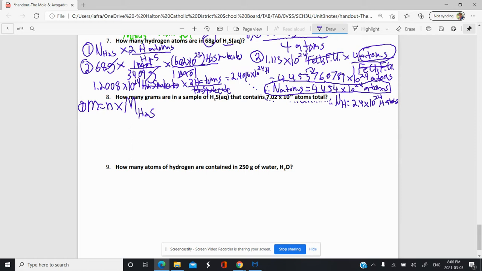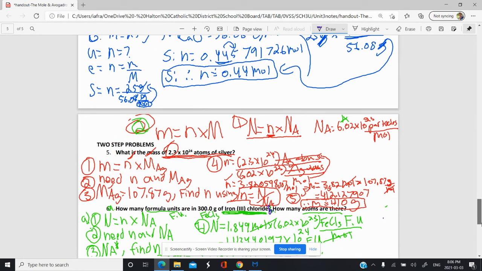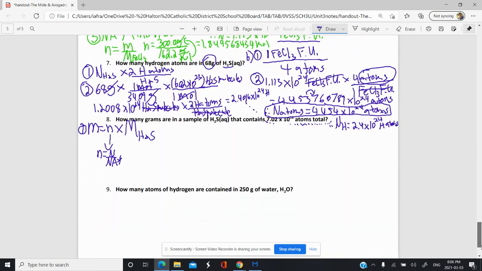Remember, to find the number of moles, we need the formula n is equal to big N over NA. This is my planning here. I'm just showing you my thought process. So I have NA, Avogadro's number, which, as we mentioned in the previous videos, is 6.02 times 10 to the power 23 particles of H2S per mole in this case.